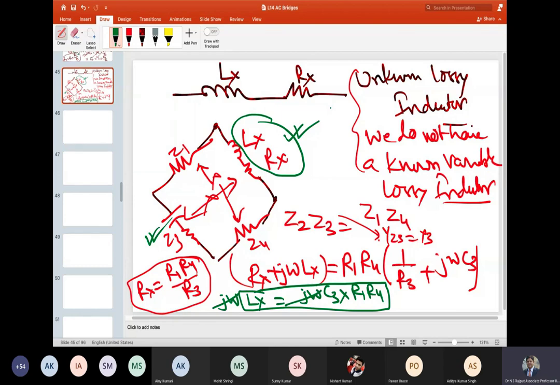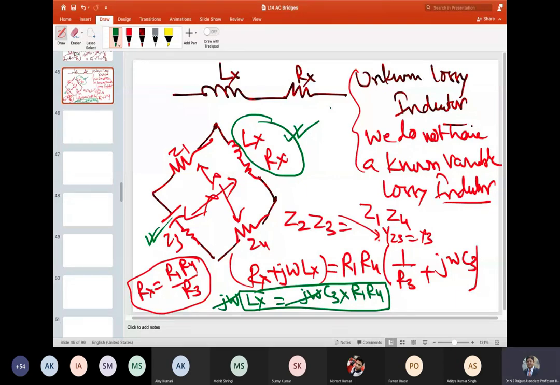Okay, so go through the reference books, try to do some examples and questions in bridges, and see how different arms are designed, what kind of calculations are done.